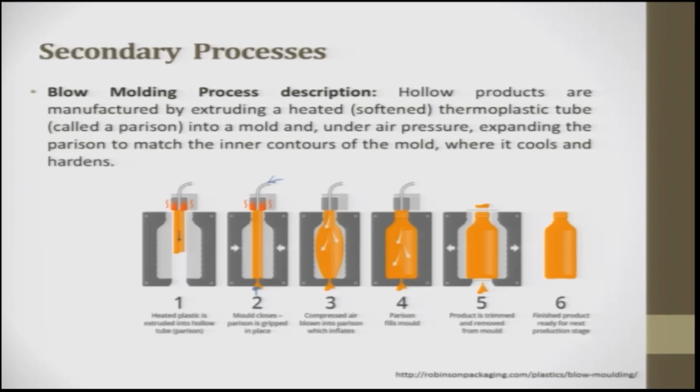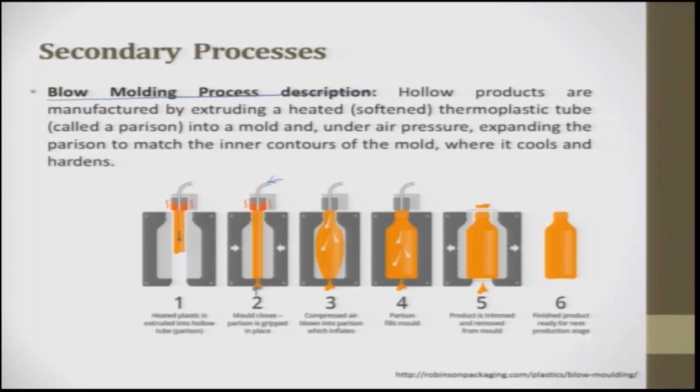Whatever impressions are on the die surface get transferred to the exterior of the polymer. After this we hold it for some time such that the curing of the polymer happens, and then we open the die and you get the product out. So, this is the blow molding process.